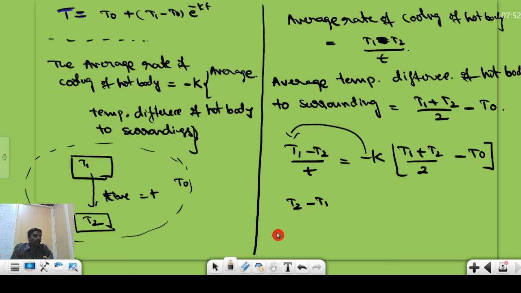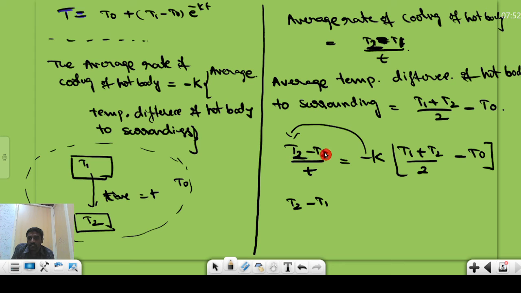Average rate of cooling means what is the temperature difference, final temperature of the body and initial temperature of body. So sorry, please correct this one, T2 minus T1.